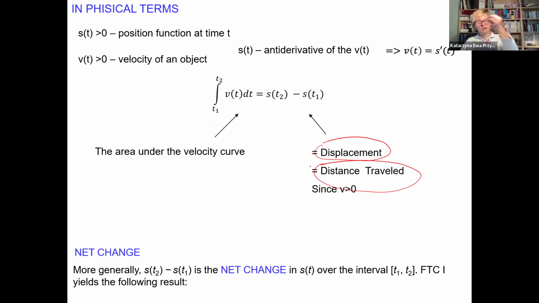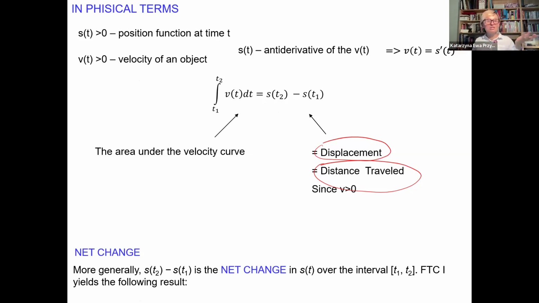When we have velocity, we can always integrate and get the amount of miles or kilometers or meters traveled by an object. If the velocity is positive, then we have no problem. We can just integrate velocity on the certain interval, and displacement and total distance will be the same, because if the velocity is positive, everything is happening in one direction. We will call it the positive direction.